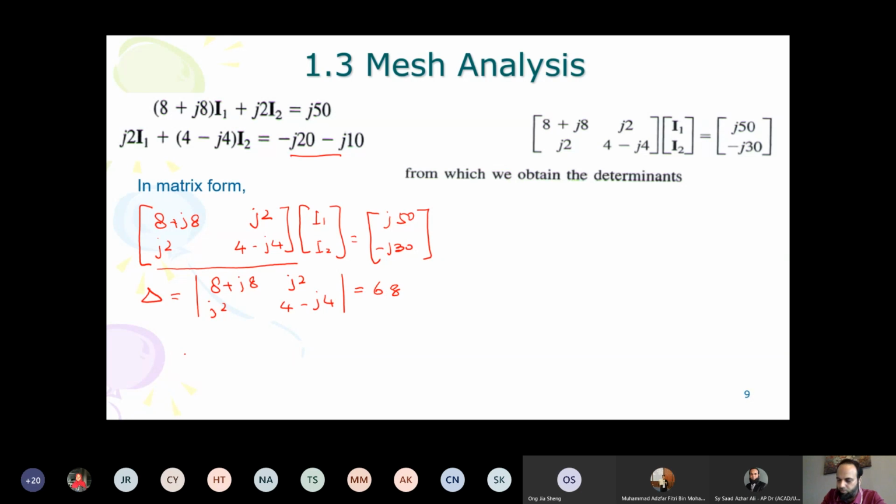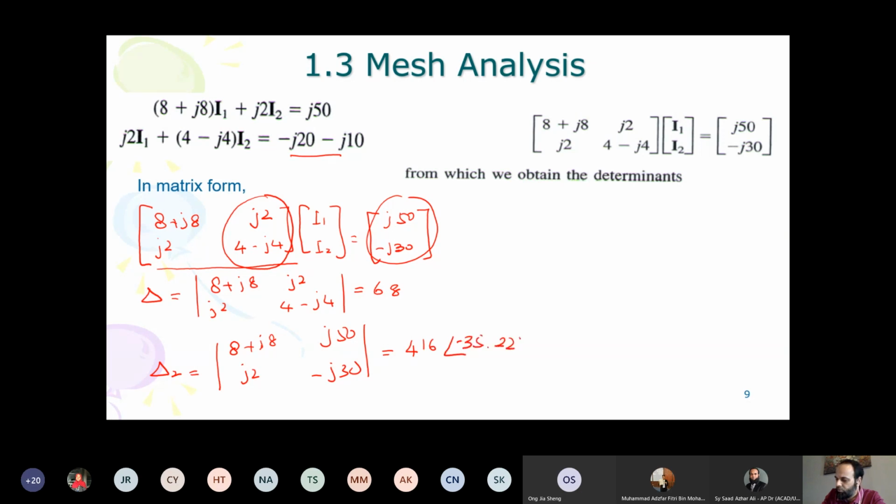Similarly, if we are looking for, suppose, delta 2, because we're interested in I naught, which is actually the negative of I2, so we just need to find I2 in this one. So delta 2 would be, we replace the second column with this. So 8 plus j8, j2 and j50 minus j30, which will be equal to 416 angle minus 35.22.